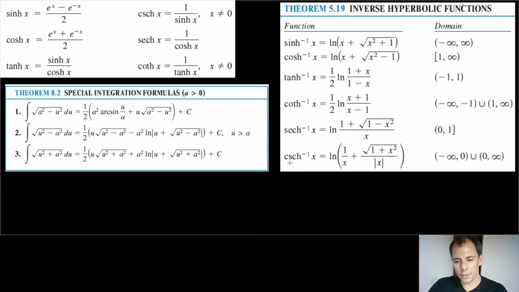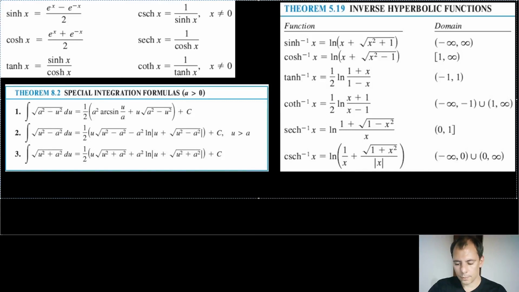So pause that video, copy, take a screenshot of it, because I'm going to erase all this stuff. Okay, so here, these things you just have to memorize them.